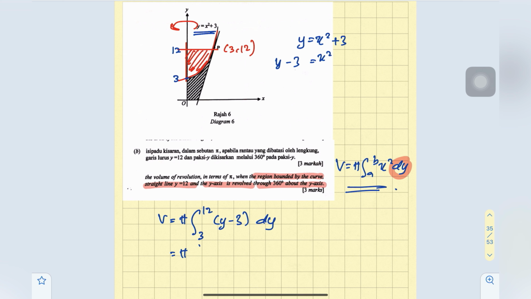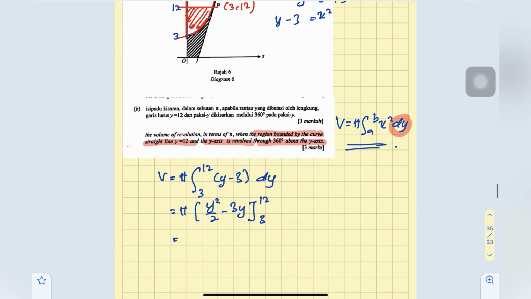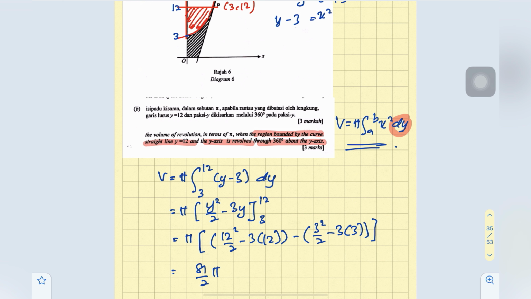So this one you will get y squared over 2 minus 3y, 3, 12. Okay, substitute upper limit. So 12 squared over 2 minus 3 times 12 minus 3 squared over 2 minus 3 times 3. Okay, so the answer is 81 over 2 pi.